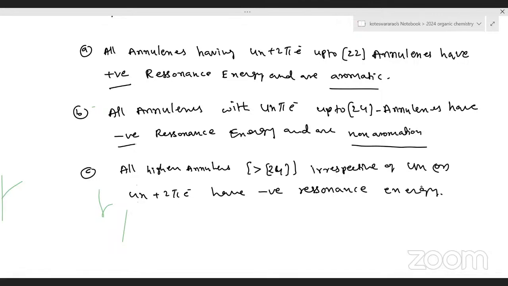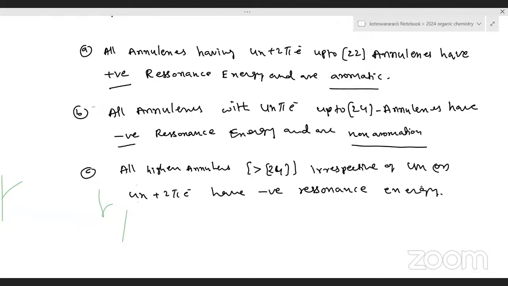Then, when a certain number of carbons are present in a monocyclic system that may exist in a planar ring form, it obeys Hückel's rule. Then it shows positive resonance energy. Therefore, it is aromatic. Or if it has 4n electrons, it shows negative resonance energy, that is non-aromatic.